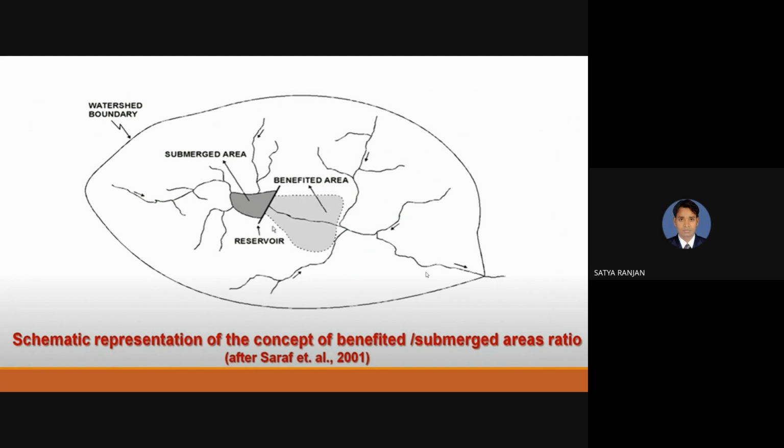Suppose we have 1 square kilometer of reservoir, then the benefited area will be more than 5 times, so that it is feasible for the different economic zones. That's why reservoirs are constructed, which benefit the lower zones. So there is a submerged area and a benefited area and the watershed boundary. A lot of drainage is accumulated in the submerged areas.